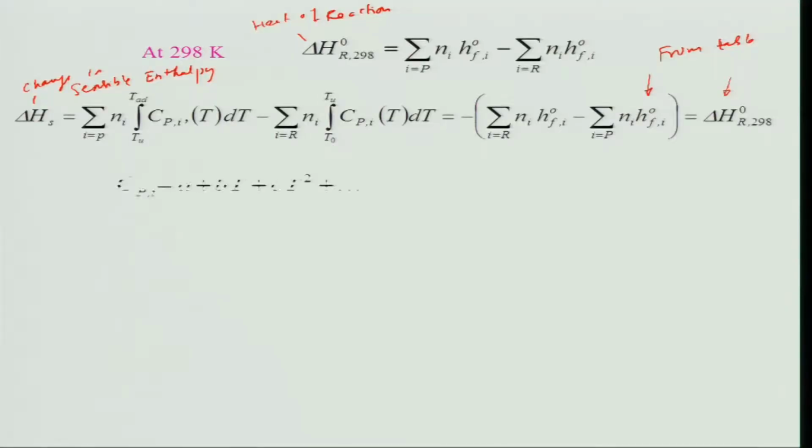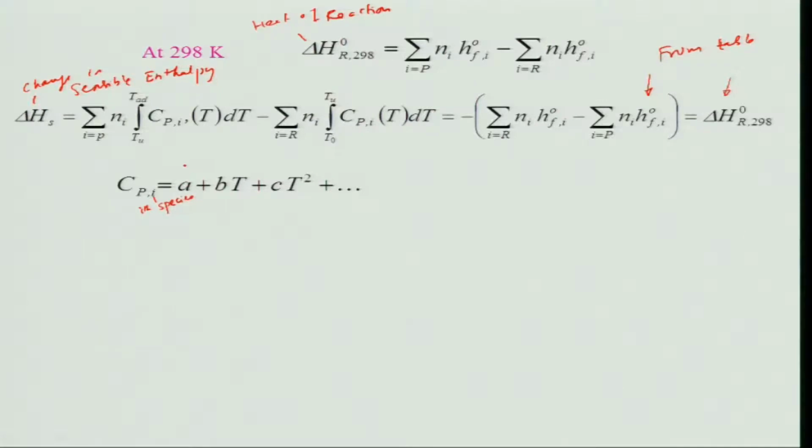So when you do that, we can find out T adiabatic, provided we know how this Cp varies. Cp depends not only on the species, the ith species, which can be methane, oxygen, carbon dioxide, water, anything, but also on the temperature.